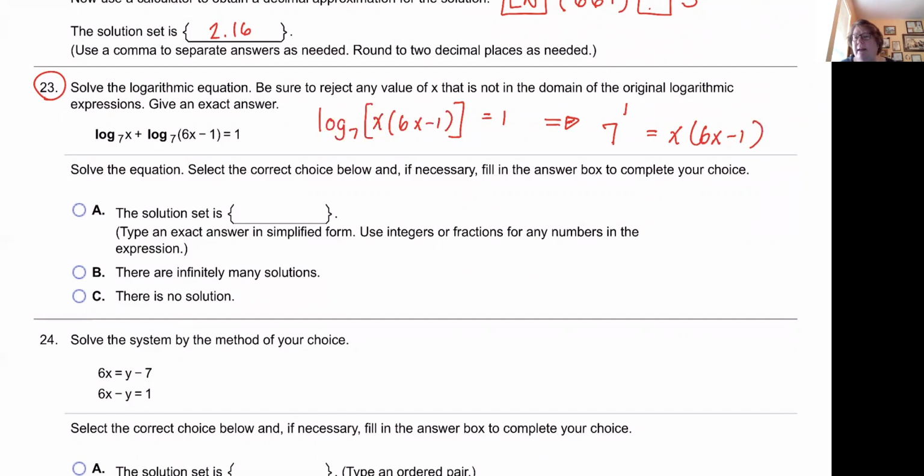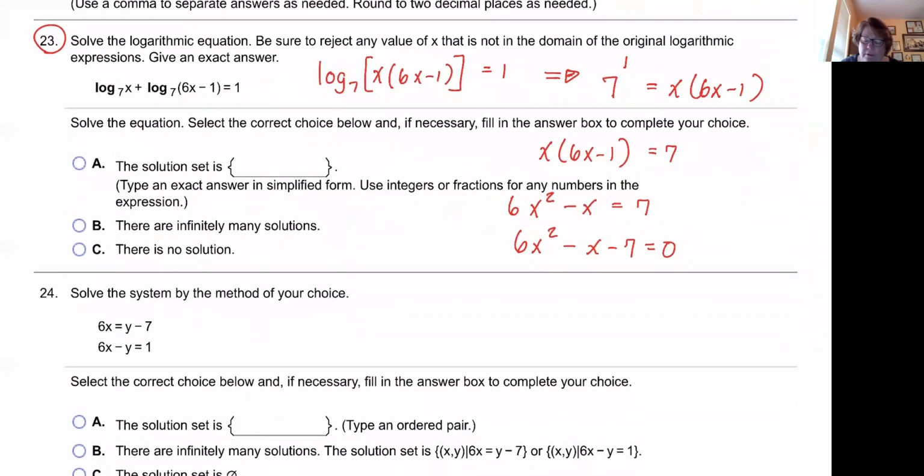And then that's quadratic, and I need to solve it. So what do we got here? I'm going to use that reflexive law of equals and write this in a different order just because it's easier for me. Then I'm going to distribute the x across, subtract the 7 from both sides, and now solve this.